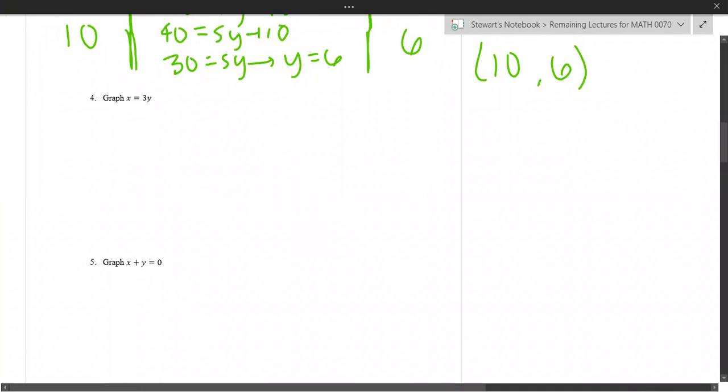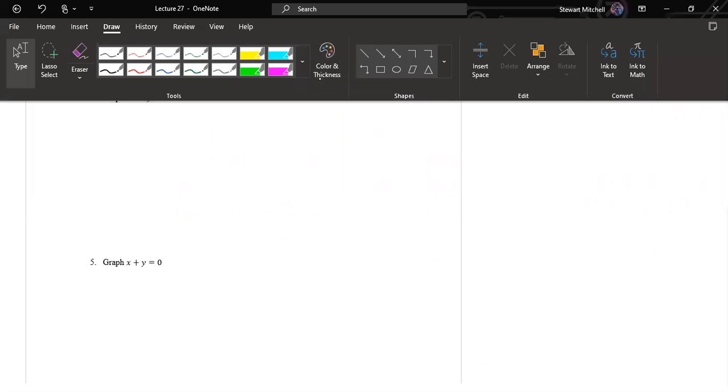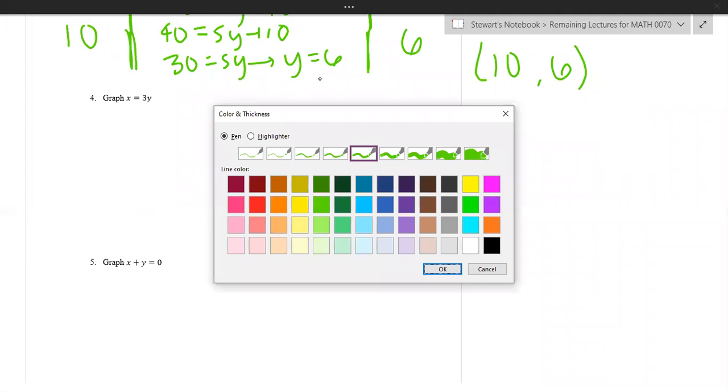Okay, so now we have x equals 3y. In this case, again, since x doesn't have a coefficient, it'll probably be easier to make a table by picking values of y first.